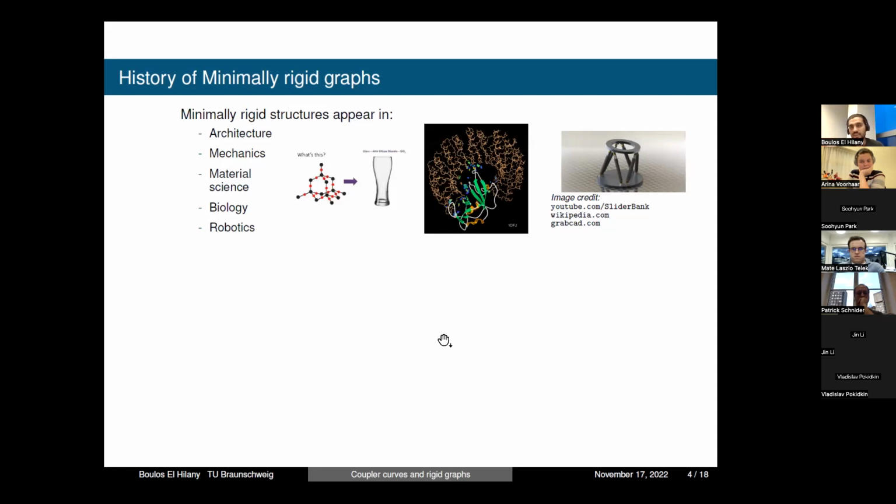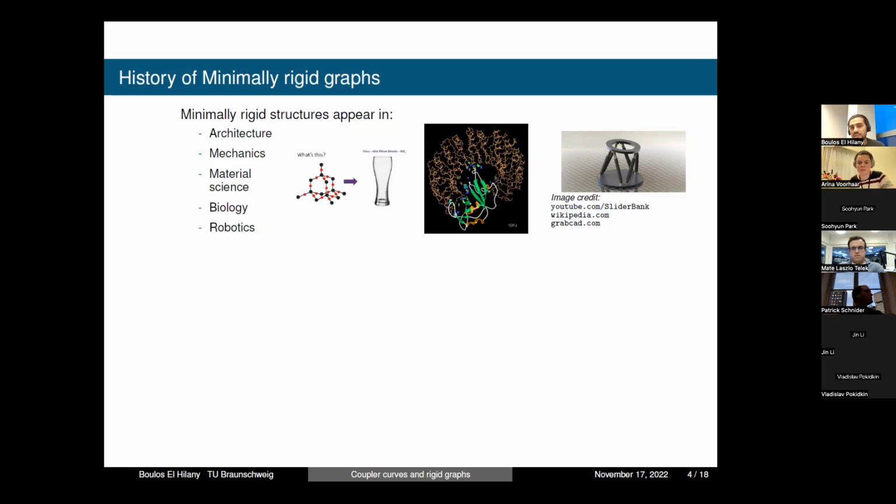The rigidity of an actual material depends on the molecular structure, and to study this rigidity, it's interesting to understand how those molecules are bound together. Some of them form rigid subgraphs, some of them are not rigid, and studying those graphs that model the molecules is important for molecular science.